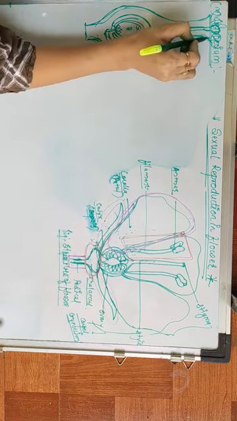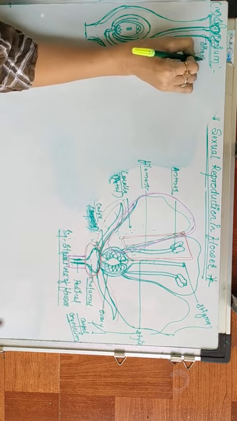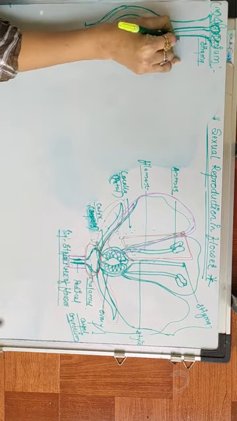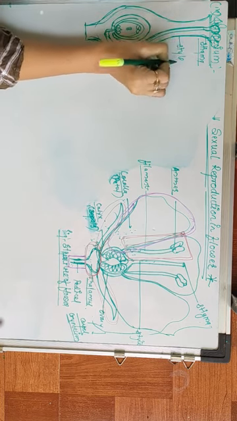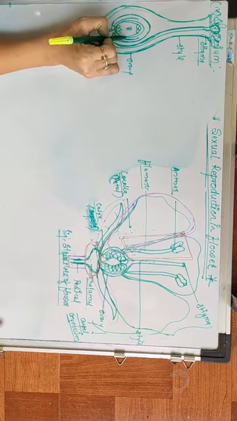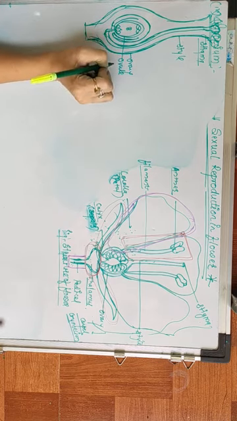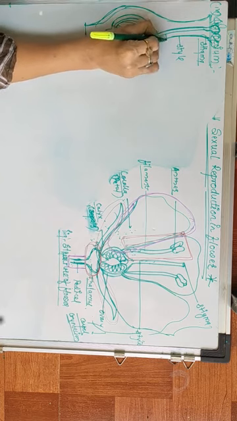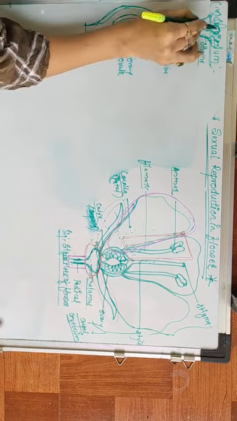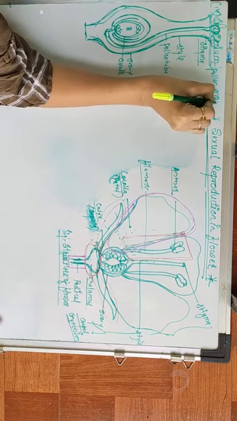So gynoecium also has three parts. That part is called the stigma. And that long tube-like structure you can see is called the style. And this is called the ovary. And you can see this portion, that is called the ovule. Now this is called the pollen tube. This is the pollen grain.